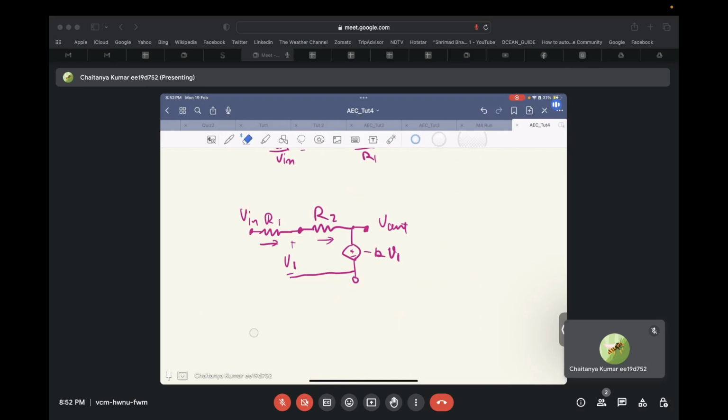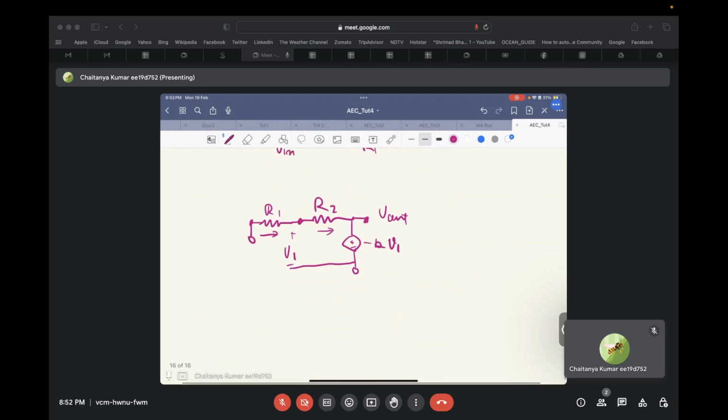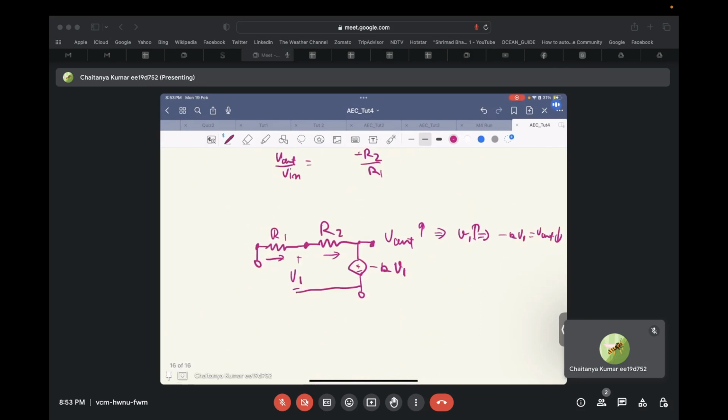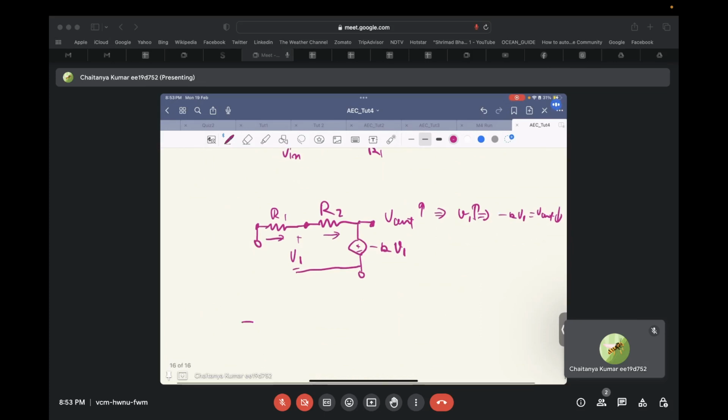So let's see whether the circuit is in negative feedback. Again, if V out tries to go up, that implies V1 tries to go up, that implies minus K times V1, equal to V out, tries to go down. So of course the circuit is in negative feedback, and that means V1 is equal to 0.